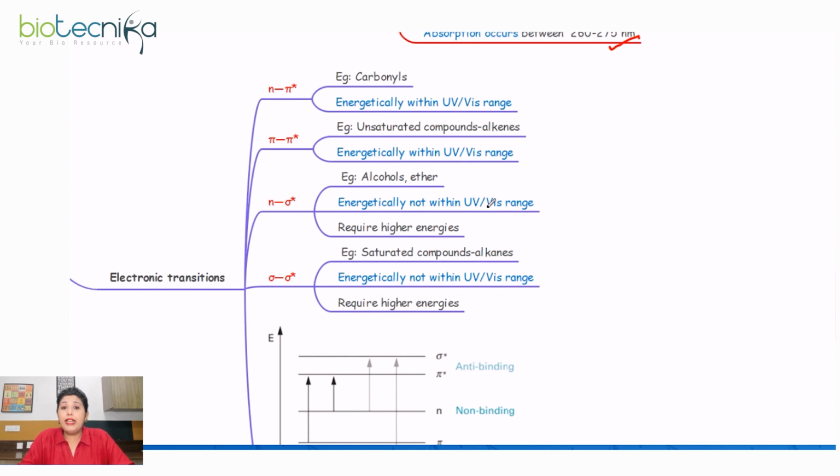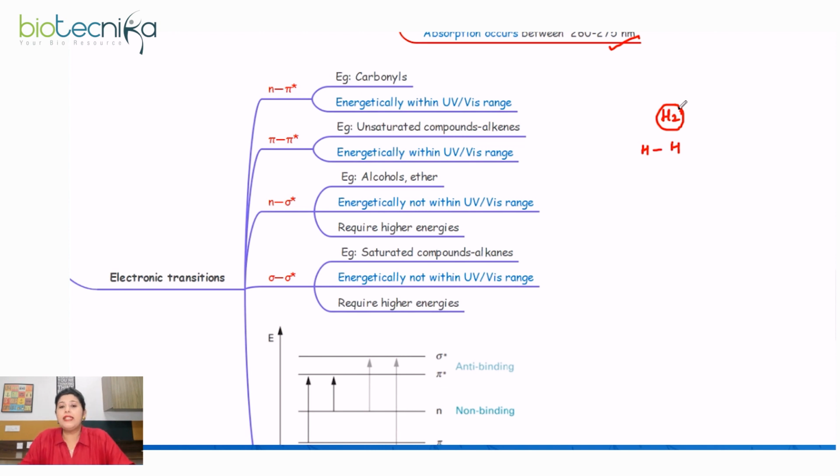Now coming to electronic transitions. Always remember, when a molecule is formed, let's say a hydrogen molecule, two hydrogen atoms interact to form it. Bonding and anti-bonding orbitals are formed when atoms combine into molecules.